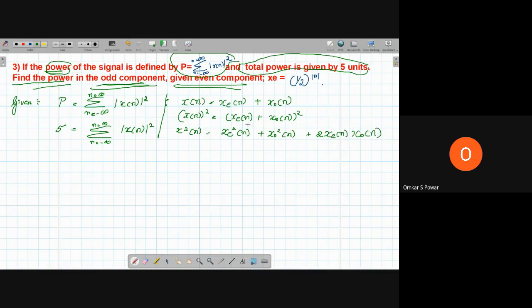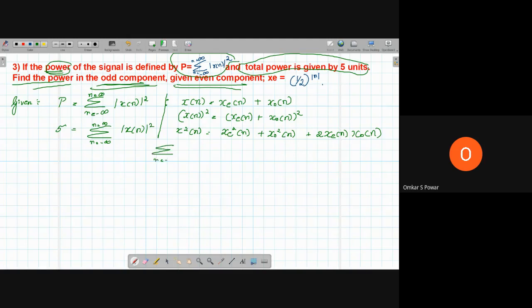Okay, so (a plus b) the whole square is a squared plus b squared plus 2ab. So we have got this x square of n. Now what do we want? Summation. So take summation on both the sides.